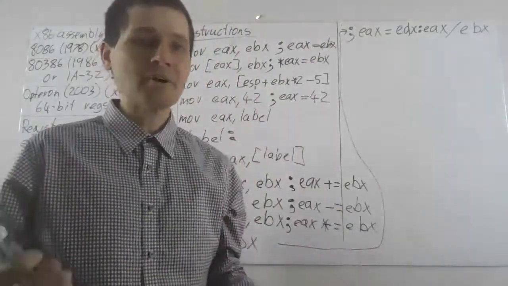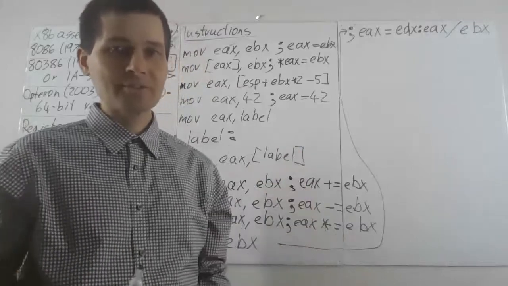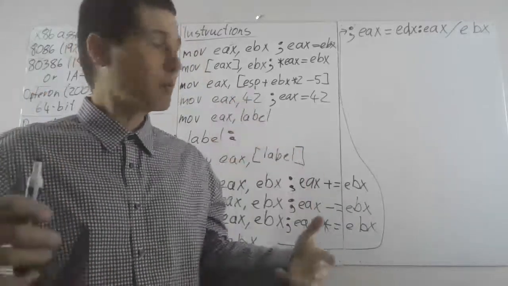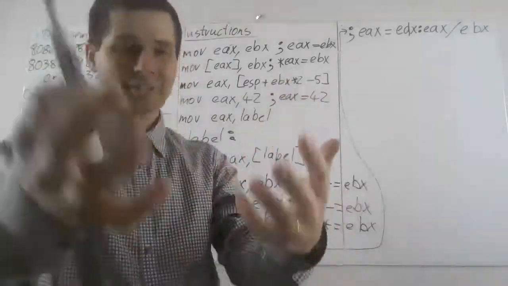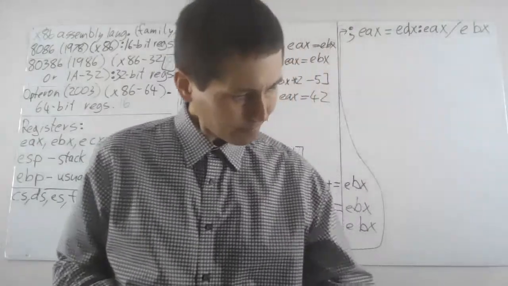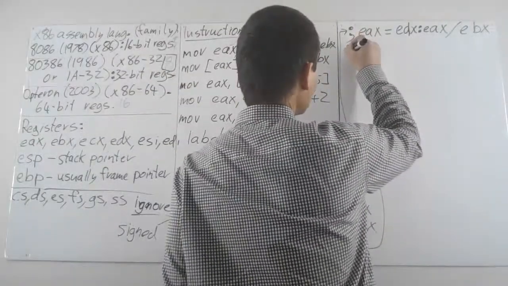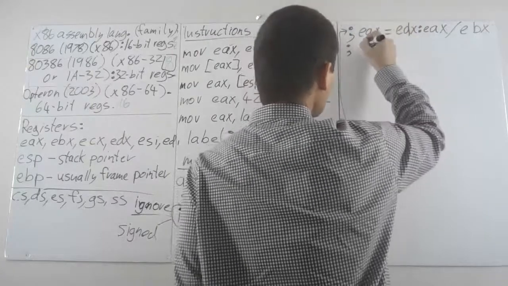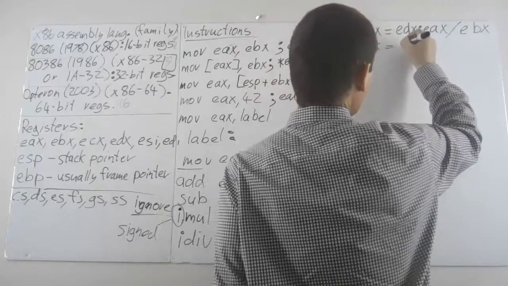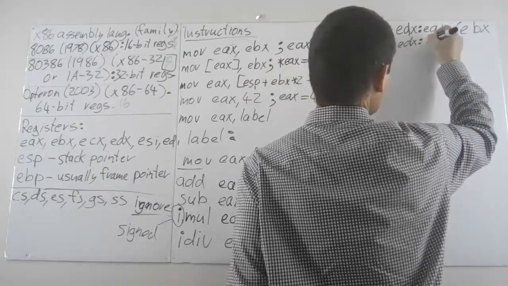So this is one instruction where you don't have a choice of which registers the operands have to be in. If you want to divide, you have to get the numbers into the right registers. While you're dividing, you'll get the quotient, and you will also get the remainder, which always goes in EDX.